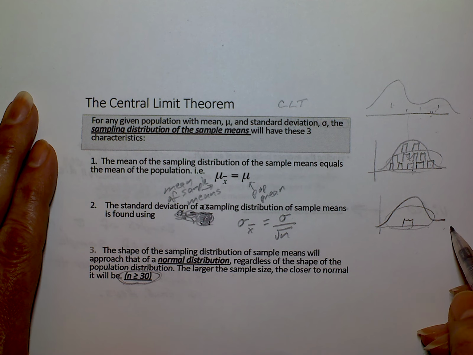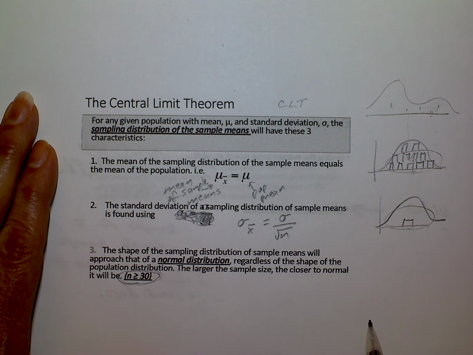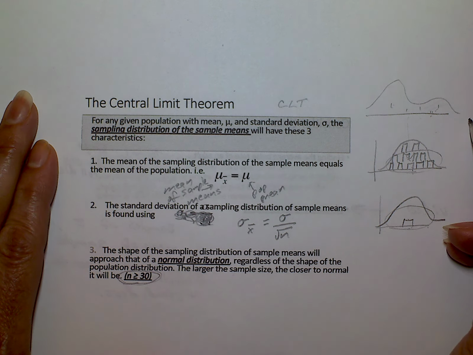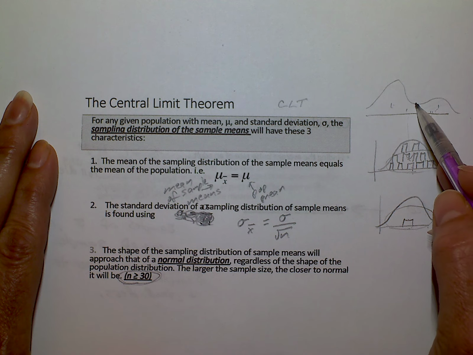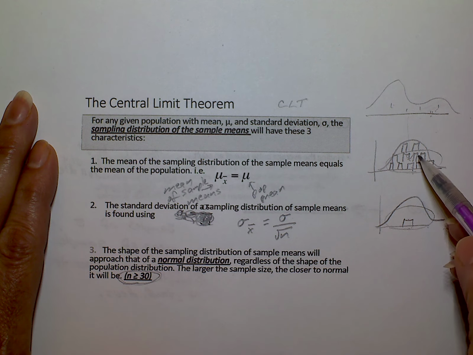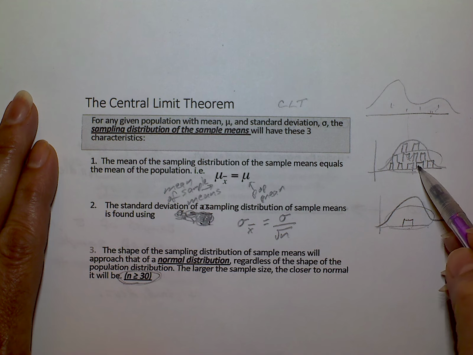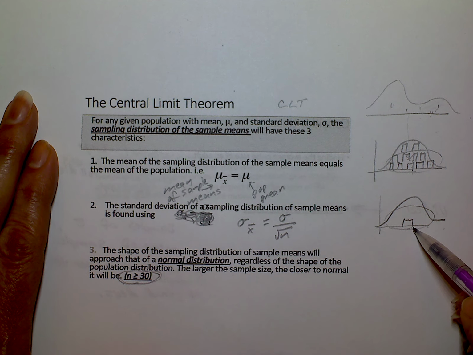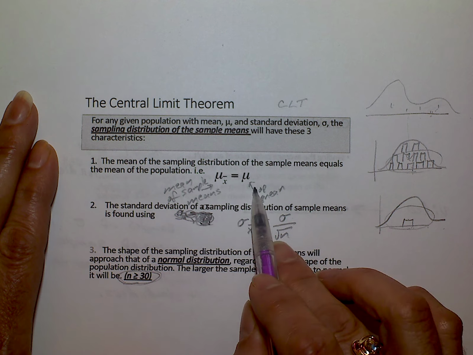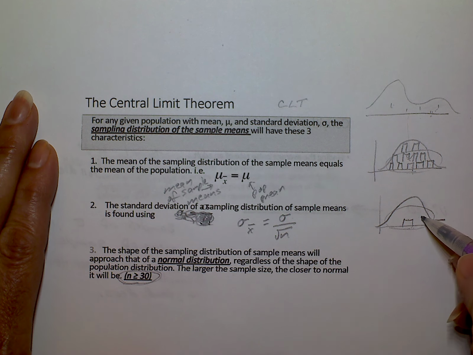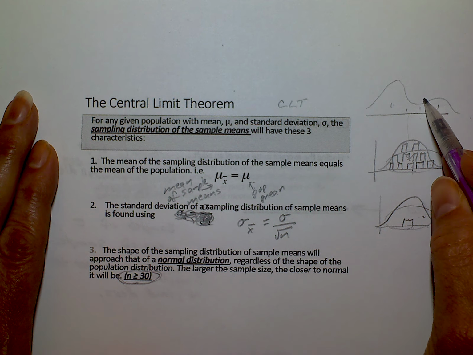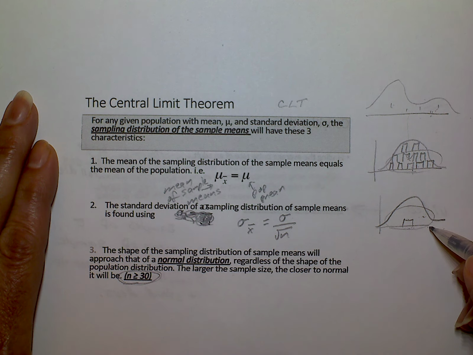But there you go. Okay, so when I say central limit theorem, when we say CLT, what that means is I've got some kind of weird population up here, and it doesn't matter what it is. But when I take the mean of the samples, and I take the mean of their sample means, the mean is the same, and the standard deviation of the new is the old standard deviation divided by square root of n.